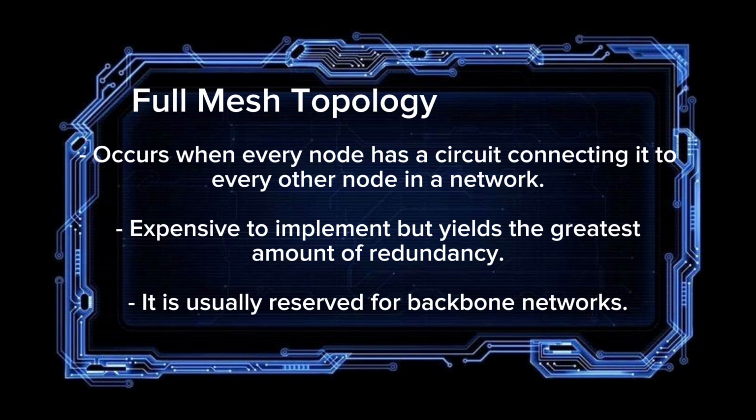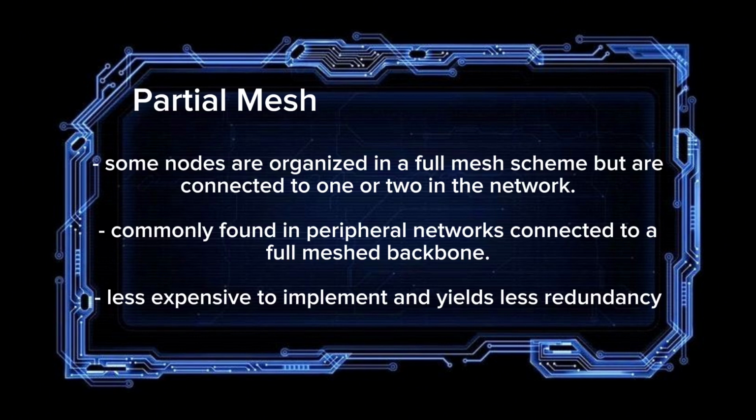Full mesh is very expensive to implement but yields the greatest amount of redundancy. So, in the event that one of those nodes fails, network traffic can be directed to any of the other nodes. Full mesh is usually reserved for backbone networks.